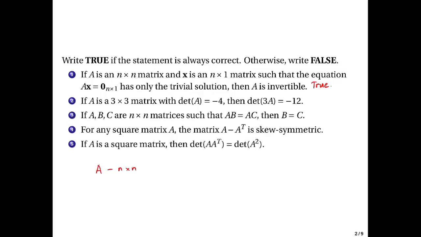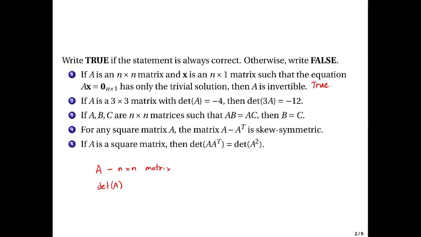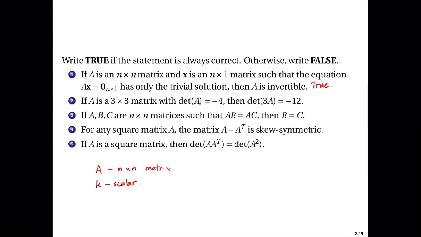If A is an n by n matrix with determinant of A, and K is a scalar, then the determinant of KA is equal to K to the n times the determinant of A.